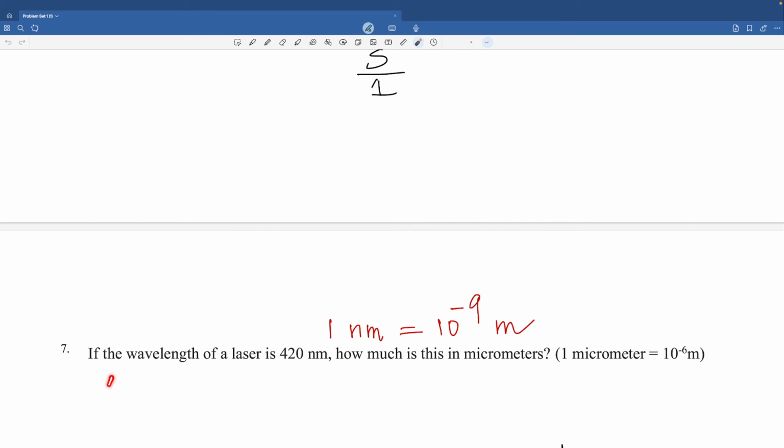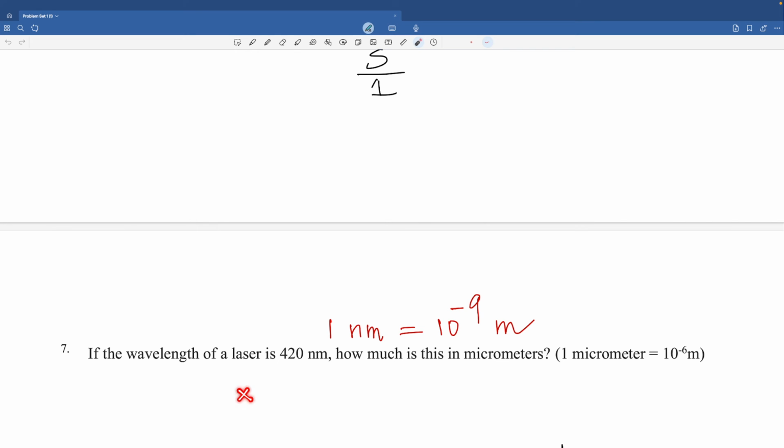So how do you start? Again, I've not written it here, but you start with 420 nanometer times 1. You want it in micrometers, so everything should cancel except micrometers. If you put 10 to the negative 9 nanometer there, it's going to be a problem.